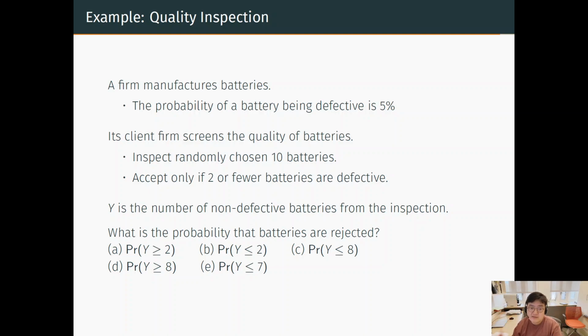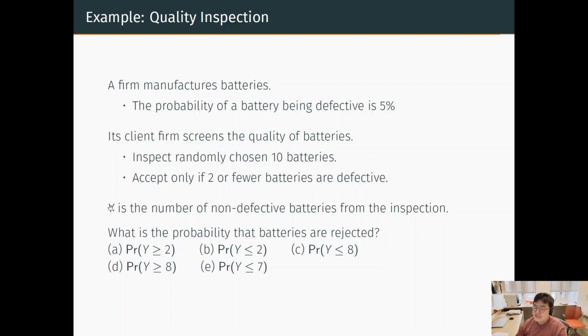So for simplicity, let's suppose that the automaker inspects 10 randomly chosen batteries from a shipment, right? From a container, for example, randomly choose 10 batteries and check if they are good or not. And the vehicle manufacturer accepts the shipment, the container of batteries, only if 2 or fewer batteries are defective out of 10.